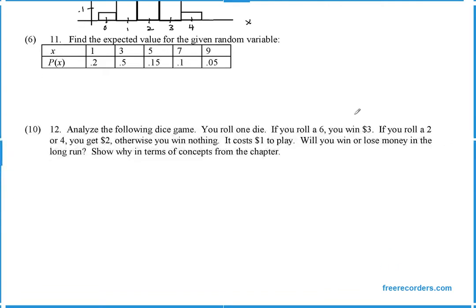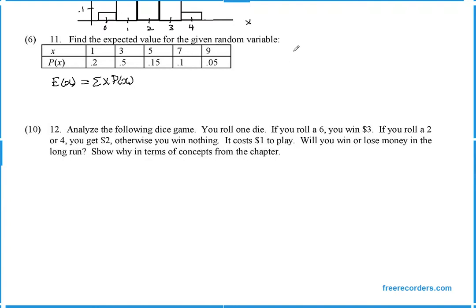Then in number 11 here, we're finding the expected value for this given random variable. So we're given x and p of x, and remember that what we want to do here is we want to sum. Our expected value, we write that as E of x, that is the sum of x times p of x, sum of the value times the probability.